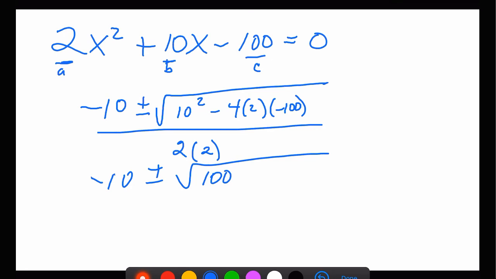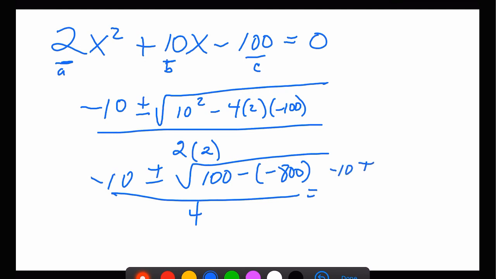Okay. So I have minus 10 plus or minus the square root of 100. So that's minus 100 times 2 times 4, yes, is minus 800, over 4. Equals minus 10 plus or minus the square root of 900 over 4. Okay?